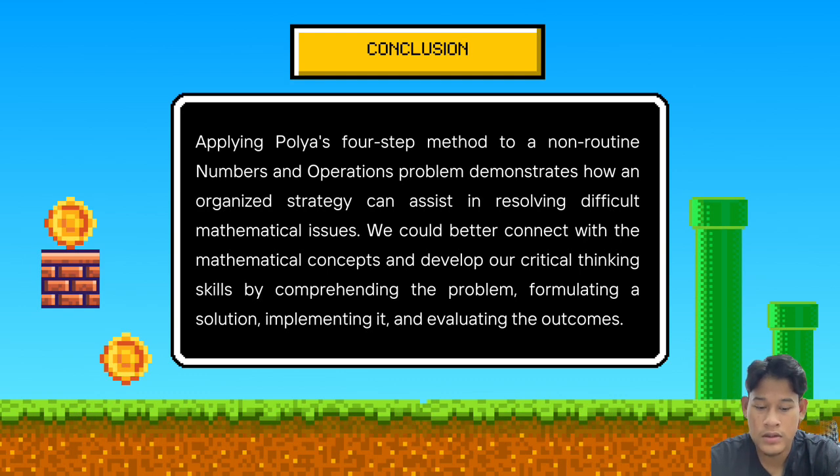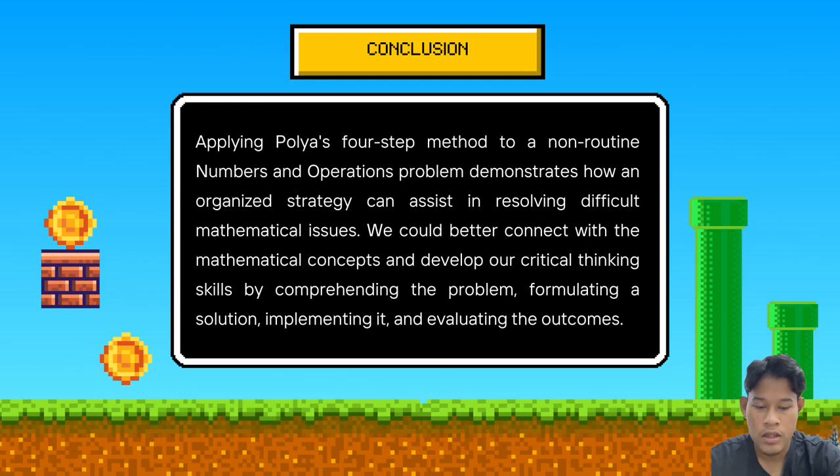So to sum up, applying Polya's 4-step method to a non-routine numbers and operations problem demonstrates how an organized strategy can assist in resolving difficult mathematical issues. We could better connect with the mathematical concepts and develop our critical thinking skills by comprehending the problem, formulating a solution, implementing it, and evaluating the outcomes.